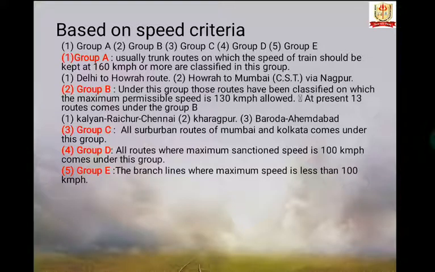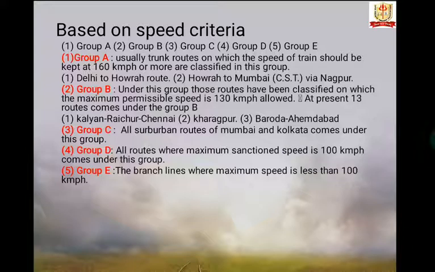Group A. Usually trunk routes on which the speed of train should be kept at 160 km per hour or more are classified in this group: Delhi to Howrah, Howrah to Mumbai via Nagpur. Second is group B. Under this group, those routes have been classified on which the maximum permissible speed is 130 km per hour.